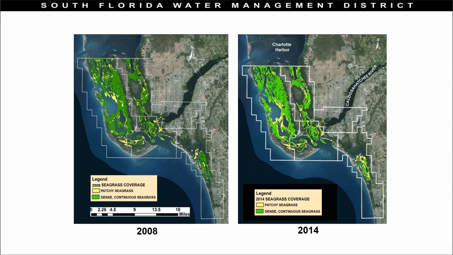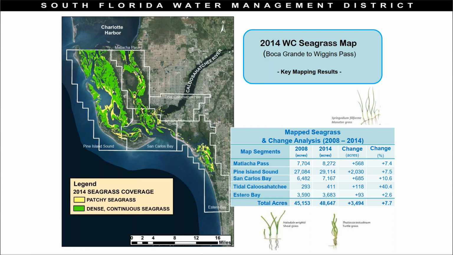So the total gains in the 5 segments was 5,197 acres, and the total losses was 1,704 acres between 2008 and 2014. So here's the breakdown of the different segments from 2008 to 2014.